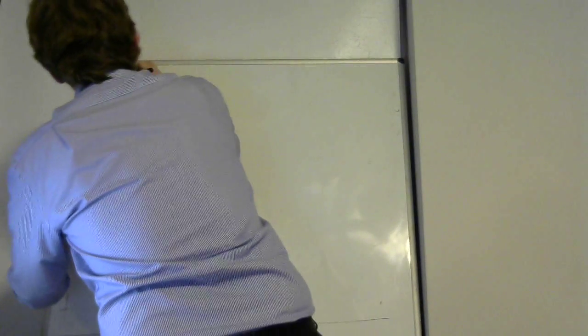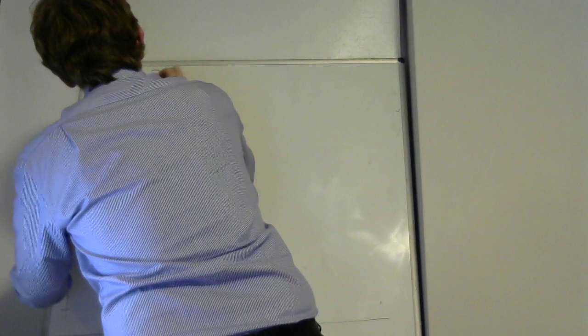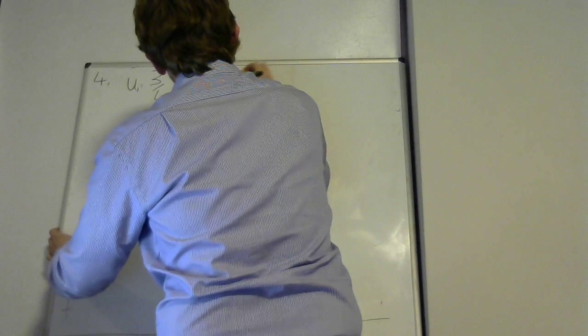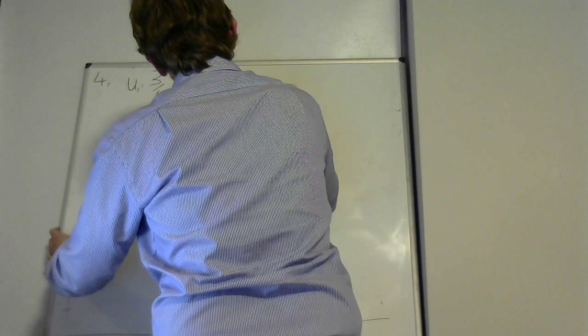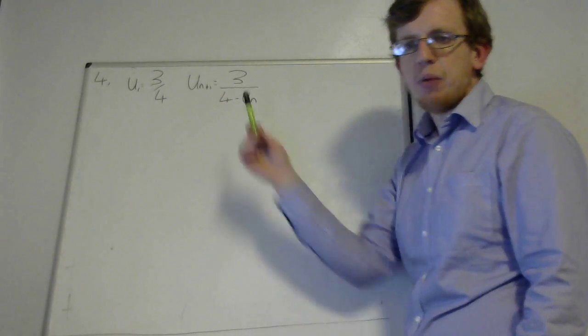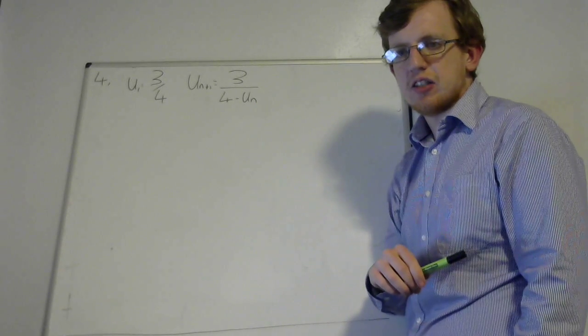So if I write down what we have then, this is question 4 from Jan12. We're told that the first term in a sequence is 3/4, and that the sequence is iteratively defined, so the next term is equal to 3/4 minus the current term. So un+1 is the next term, un is the current term.